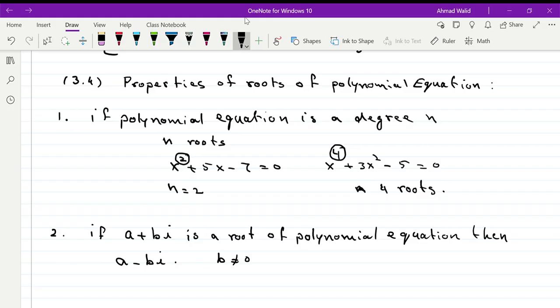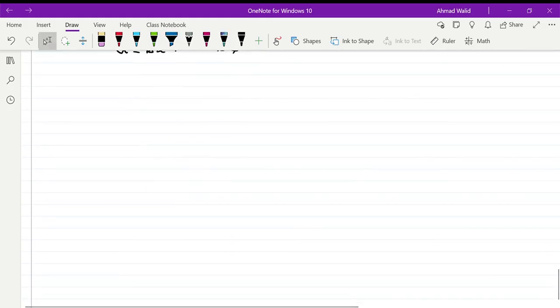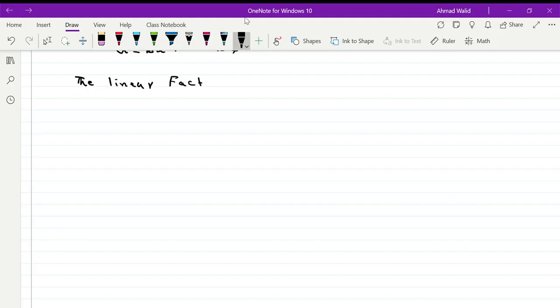The second important theorem that I want to talk about in this lecture is the linear factorization theorem.